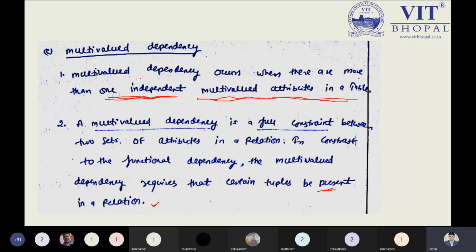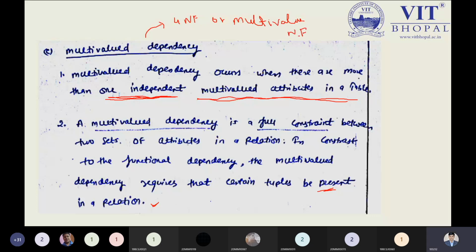And in third normal form, as I told you, transitive dependency will be there. So multi-valued dependencies we can study inside the fourth normal form, or we can say the multi-valued normal form. This is the point.